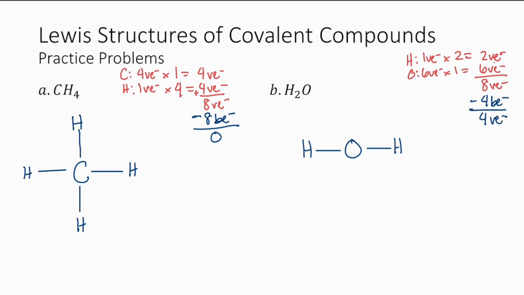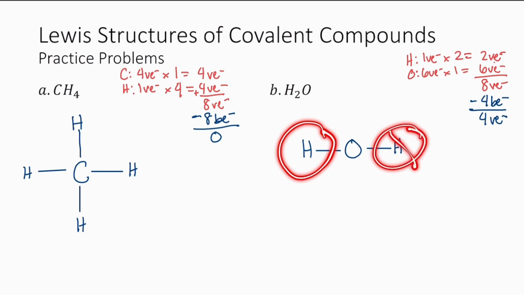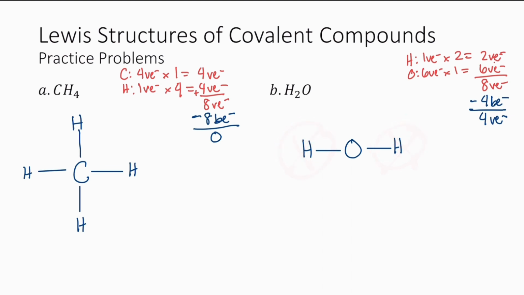I need to distribute those electrons within my Lewis structure. So the rule is I'm going to look at my outer atoms first. Both of my outer atoms are hydrogen, and there is no room for any lone pairs on this. So I'm going to take those electrons and put them around my central atom, which is oxygen.